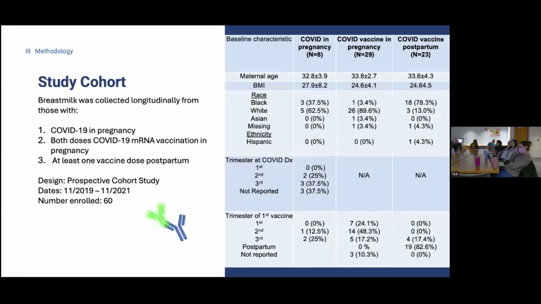So for my study cohort, we collected breast milk from a cohort of 60 people, those who had COVID during pregnancy and those who received both doses of the vaccine, and then at least one dose postpartum. So here's a table with the characteristics.